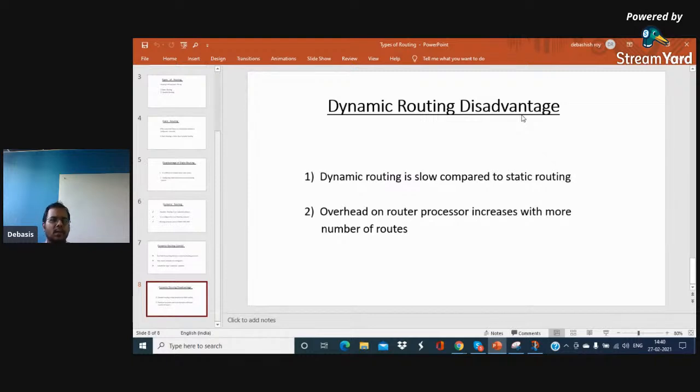So dynamic routing is slower, but it is advantageous in large enterprise networks. These are the types of routing I've discussed, static routing and dynamic routing. I can also show you how to configure static routing in Cisco Packet Tracer.